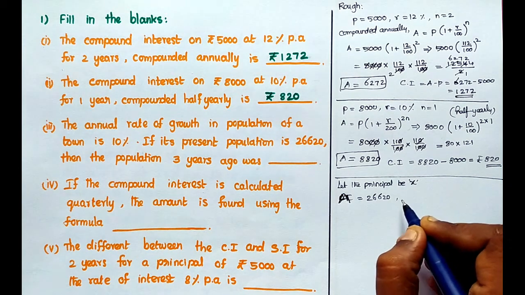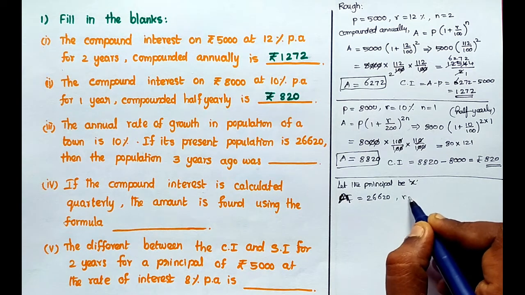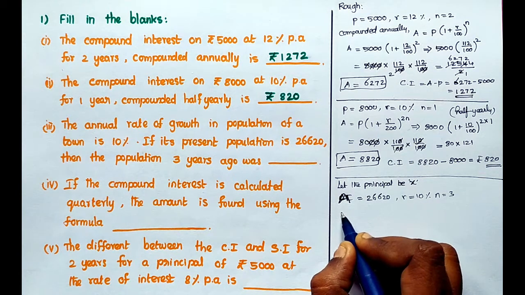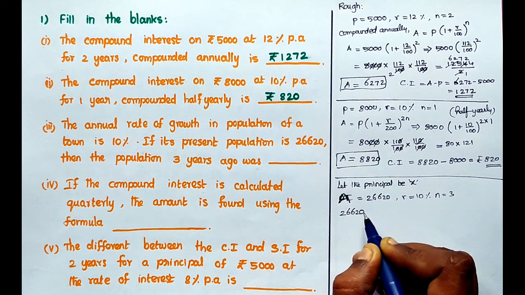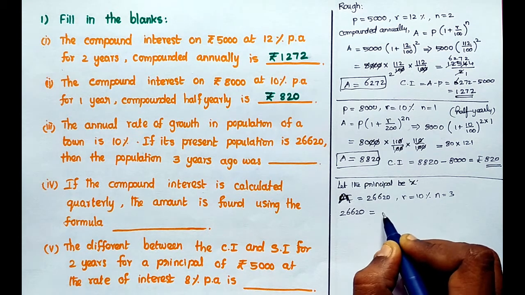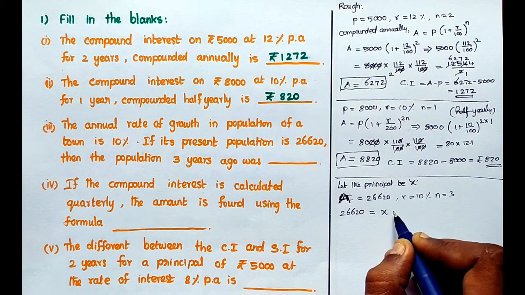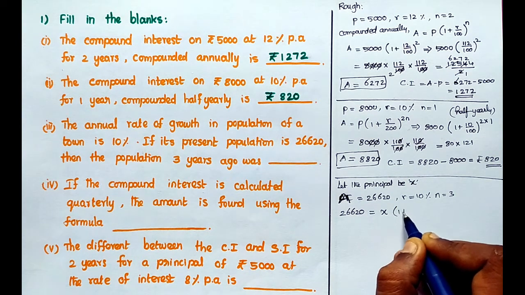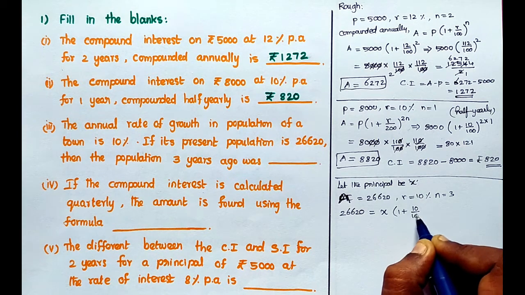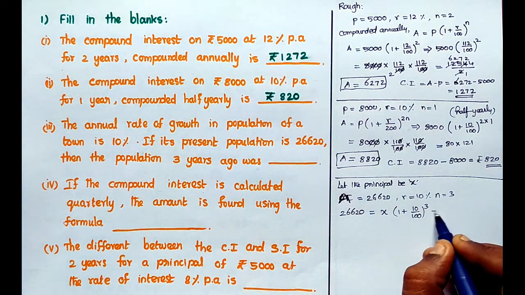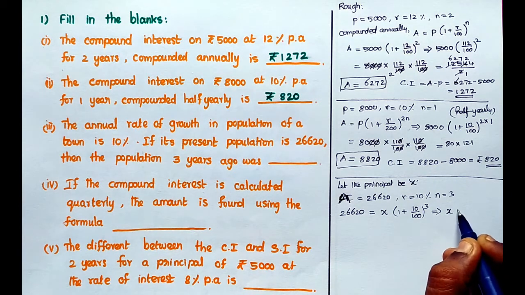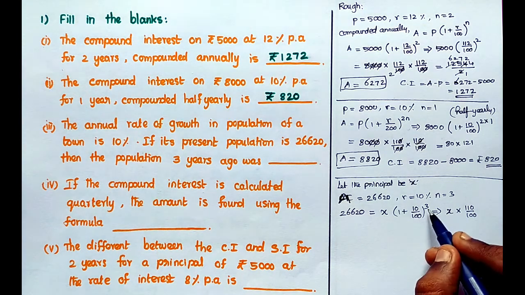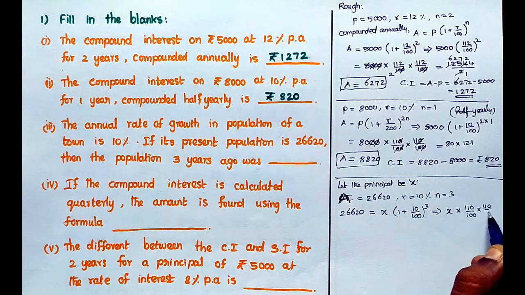And then rate of interest 10%, number of years 3 years. Now amount equal to, that is 26,620 equal to principal into, how will you find out? 1 plus r by 100 power 3, that is equal to x into 110 by 100 power 3 means multiply that into 3 times.